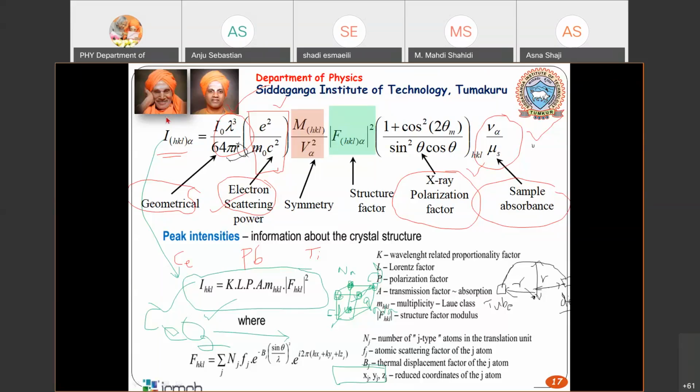What is the type of atom which is present? And how many atoms are present? For example, if I dope this cerium with some zirconium, then it is not CeO2. Instead, it will be Ce0.9, then Zr0.1, and then O2.